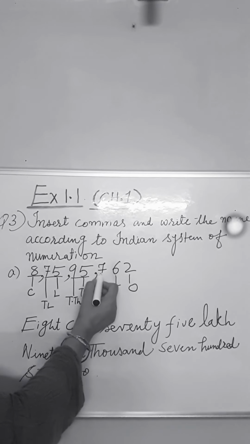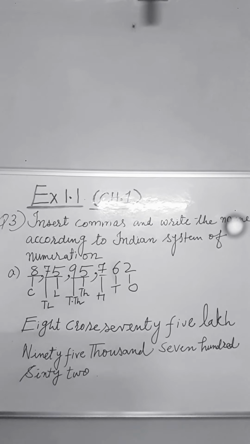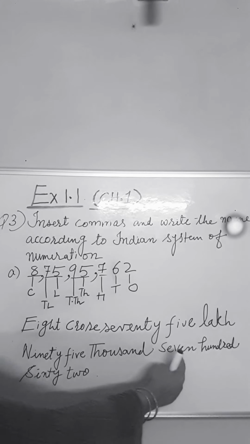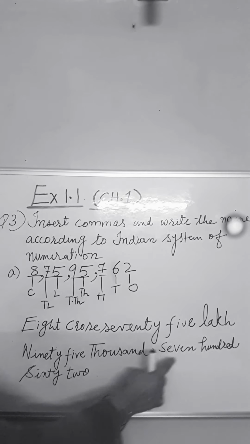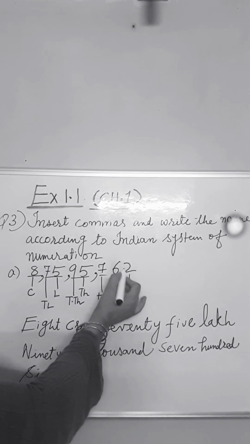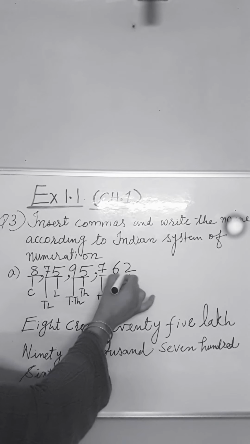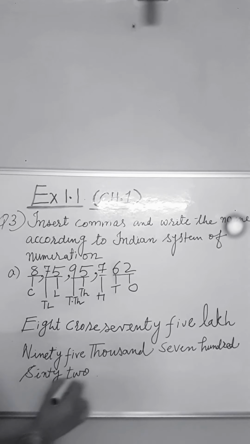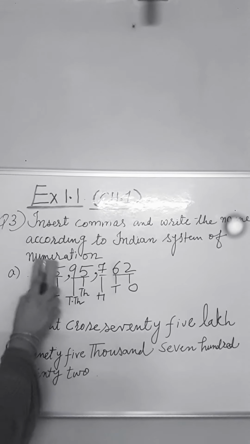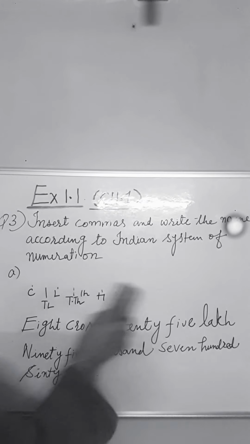Then the digit at 100 place is 7, so we will write 700. Then the number formed by the last 2 digits is 62, so we will write in the last 62. So the number is 8 crore 75 lakh 95,000 762. Now we will take B part of this question.